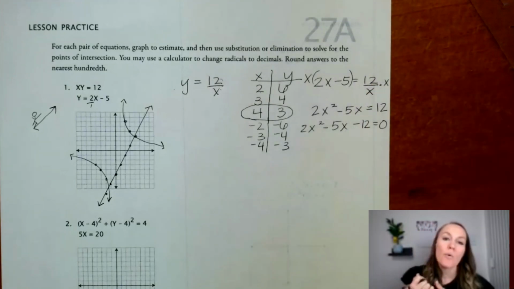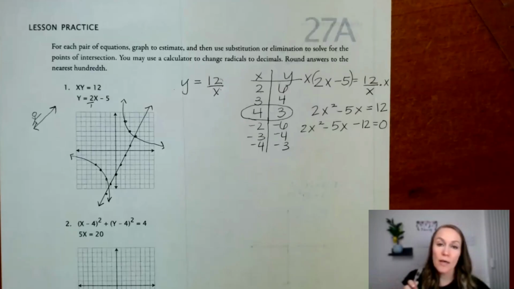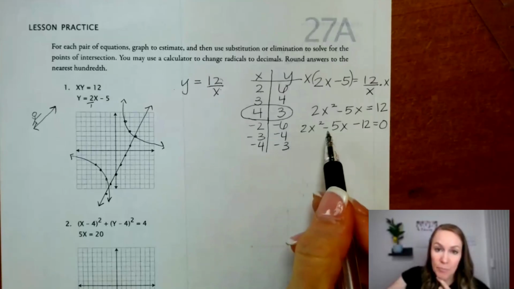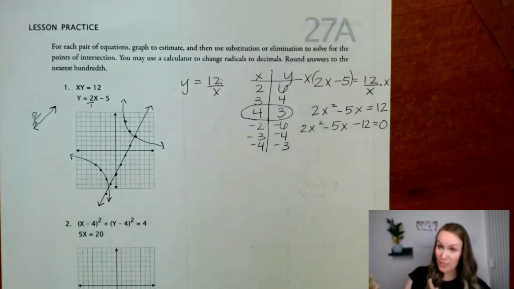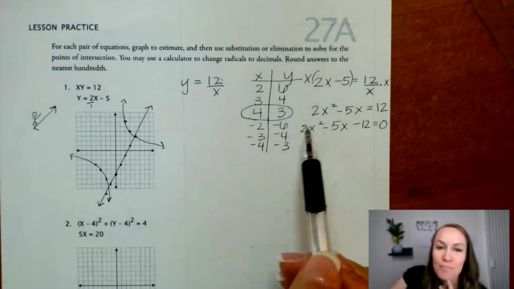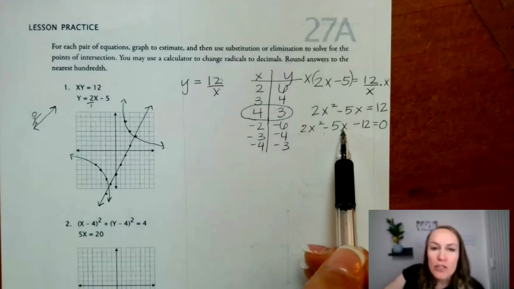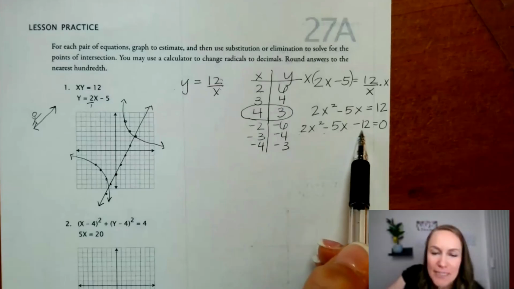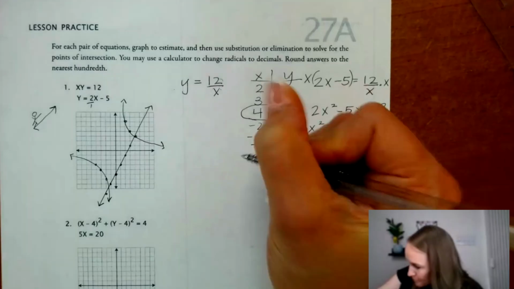Okay, so we have a few options here. We could just do the quadratic formula. I have a, b, c, and plug it into the quadratic and see what we get. But I'm going to solve by factoring. So I have a times c is negative 24.